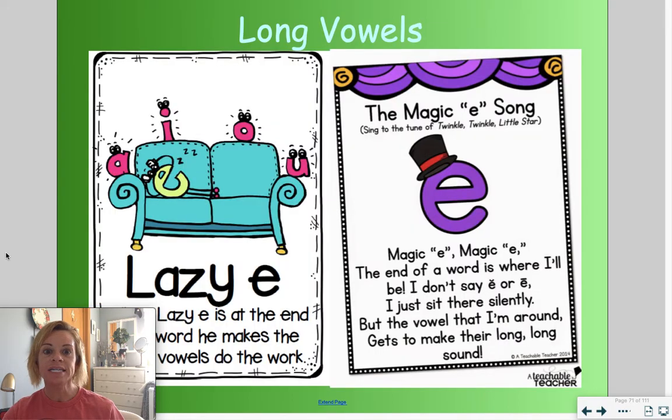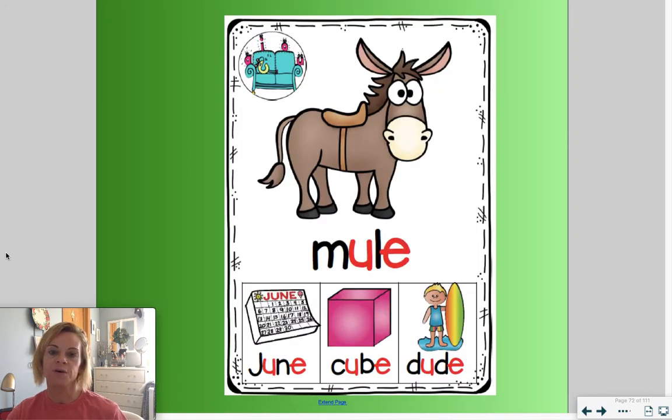All right, so today we are going to continue to work with the long vowel and how lazy E can make the vowel say its name. Remember, I told you that our focus vowel today will be U, as in mule, June, cube, and dude.